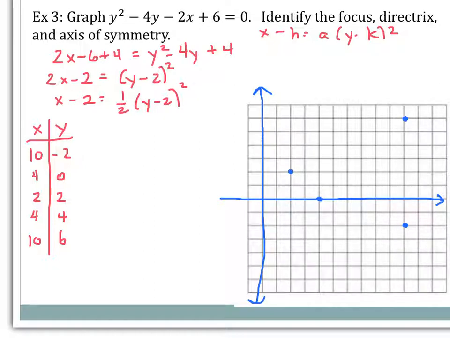And then I have 4, 4, and then everything is graphed here. So the focus is going to be in the cup right there.